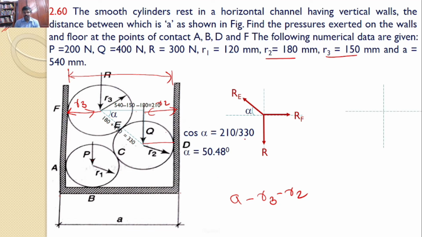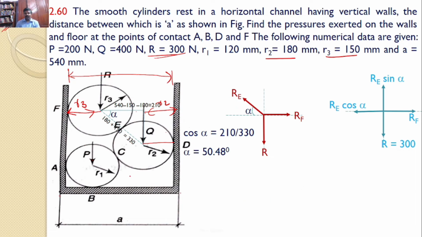Now, you can resolve this force RE along the x-axis and y-axis. We can see R value is given as 300. You know very well, this is RF, which acts along the horizontal. So, this component is RE sin alpha, the vertical component, and RE cos alpha, the horizontal component. So, you can apply the equilibrium condition sigma Fy equal to 0.